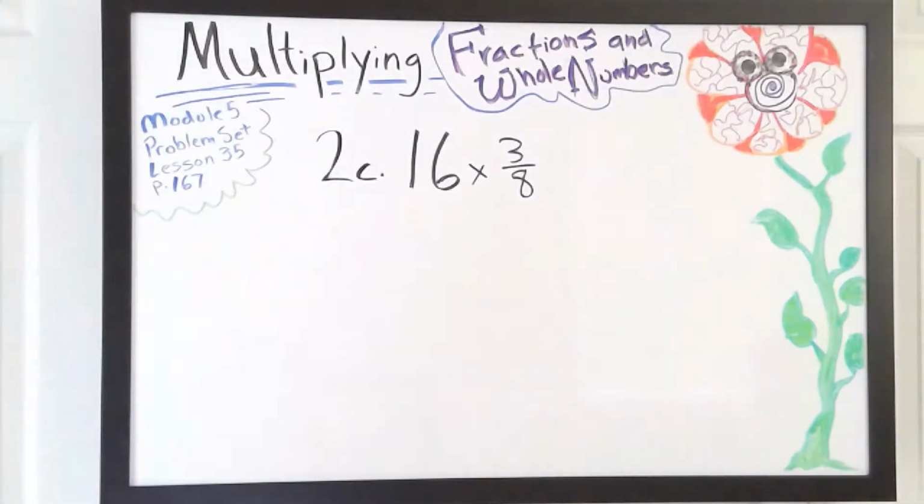Okay, now we're on number 2 on the same page, 167. And I picked C for our example here. And we're taking things a step further to show you what kind of problems we're talking about. Number 2 says write the expression in unit form to solve. So it's going to look a lot like number 1, except we're not going to make a tape diagram.